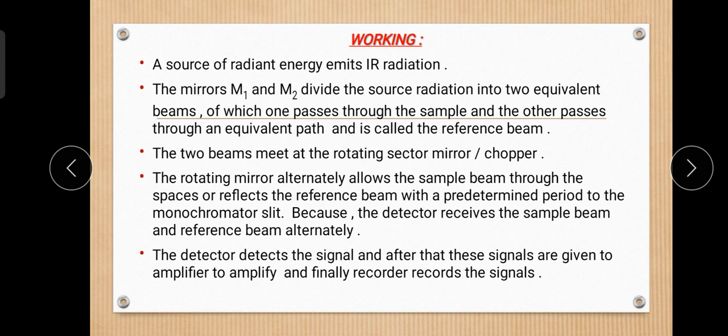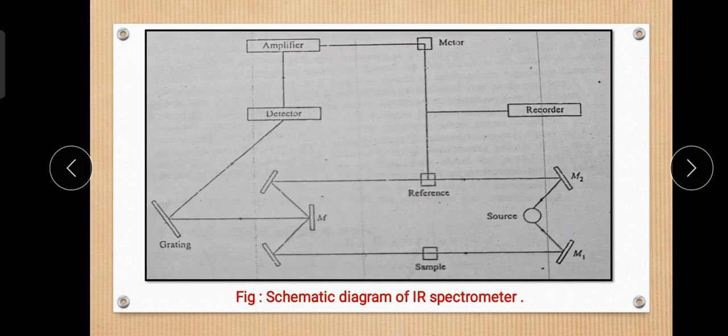So this is actually how it works. The detector detects the signal, and after that these signals are given to the amplifier to amplify, and finally the recorder records the signal. That means after receiving the beam, with the help of the grating or monochromator, the beam gets monochromated, and this monochromated beam is detected by the detector, which detects the reference beam and sample beam alternatively, so that we get a signal according to the sample or reference.